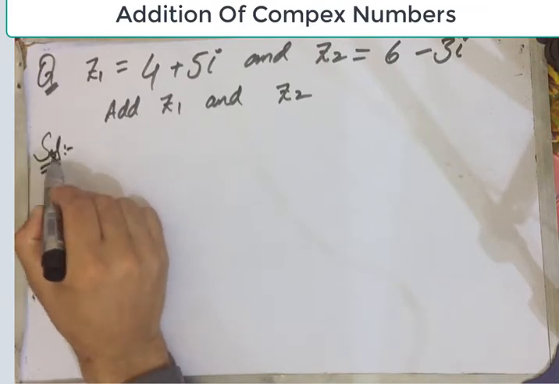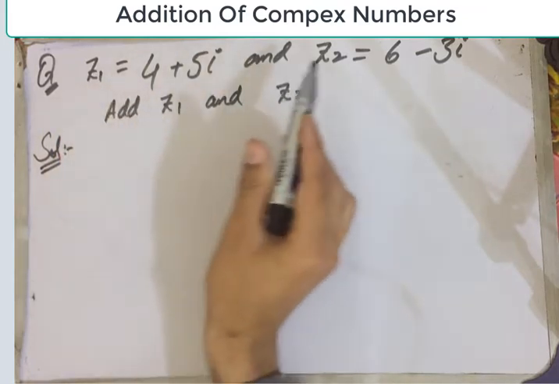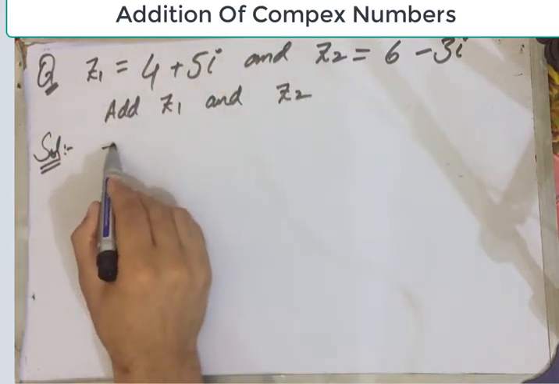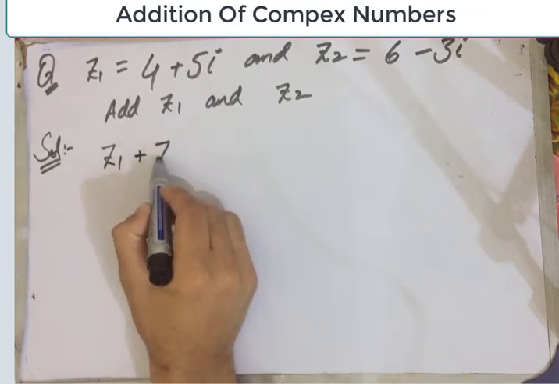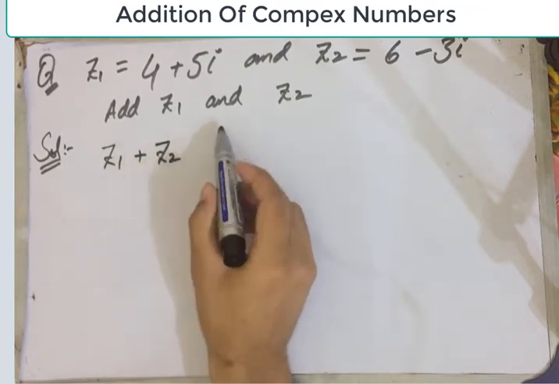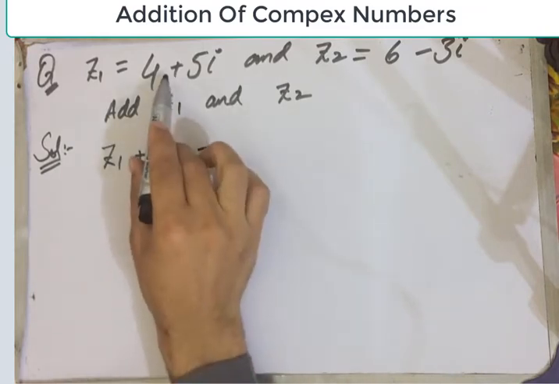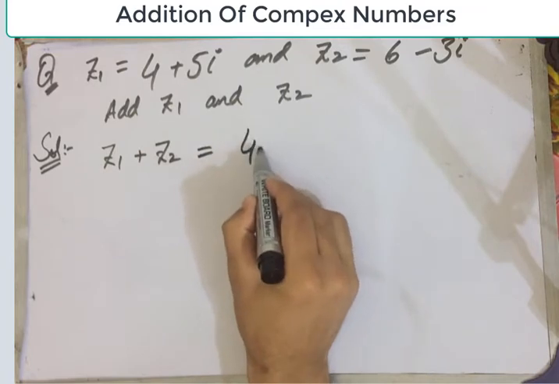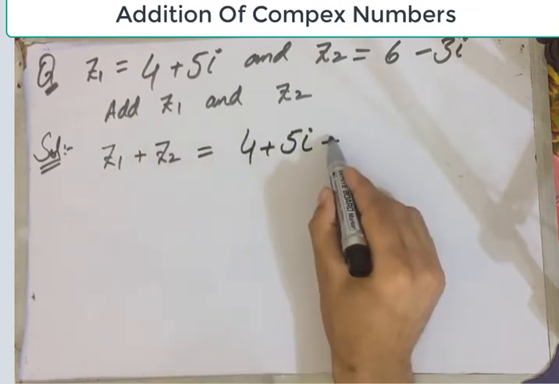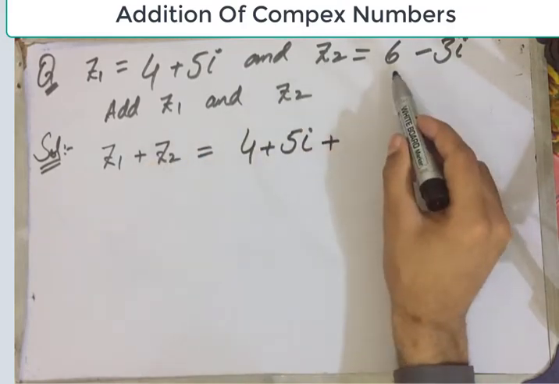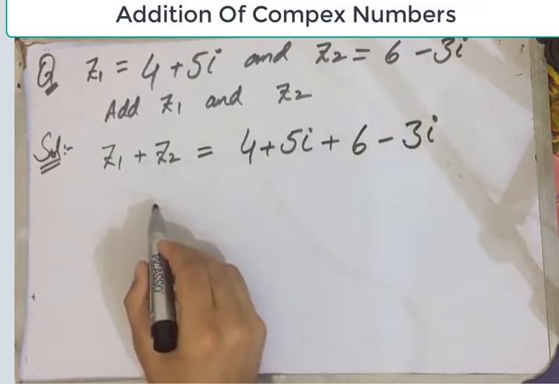Solution: simply add the left hand side of both the complex numbers, which is z1 added to the left hand side of the second complex number, which is z2. The value of z1 is 4 plus 5 iota, plus the value of z2 is 6 minus 3 iota.